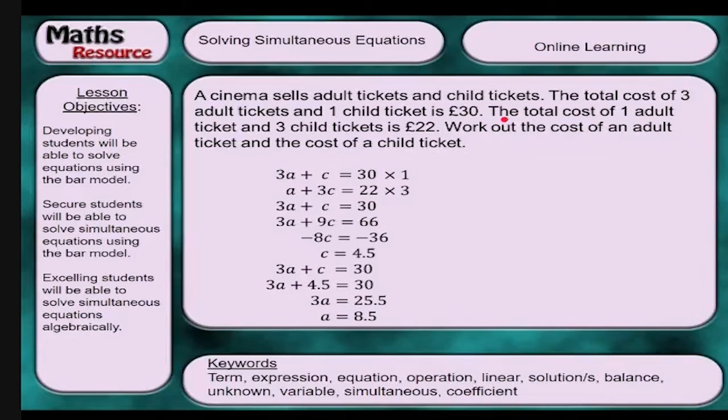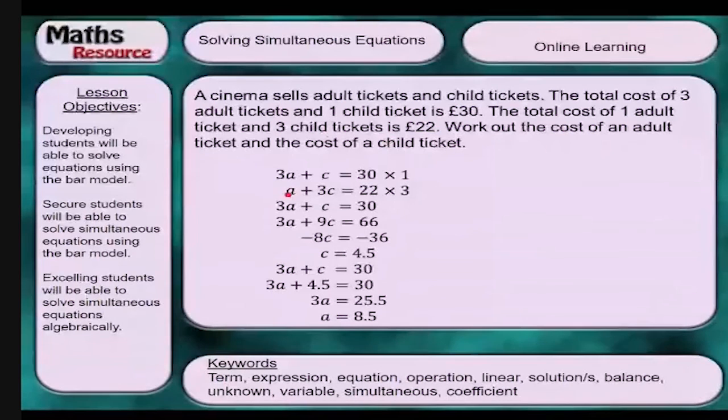The next one, the total cost of 1 adult ticket and 3 child tickets. So that's going to be 1 adult ticket, so 1A, or as we say, just A, and 3 child tickets, so plus 3C is £22, so equals 22.